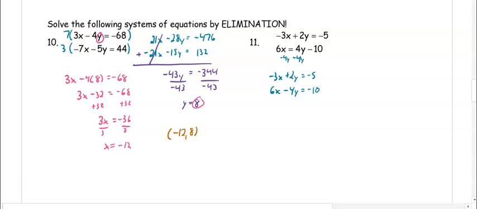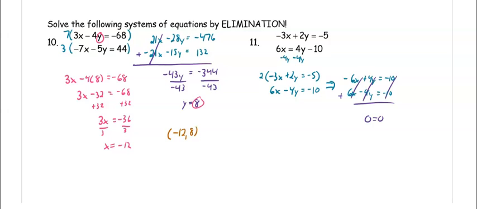To get rid of one of the variables, I can multiply my first equation by 2. So when we do that, negative 6x plus 4y equals negative 10, and 6x minus 4y equals negative 10. So we add straight down. Everything is going to cancel out. So we're left with 0 equals 0, which means that this is infinitely many solutions.